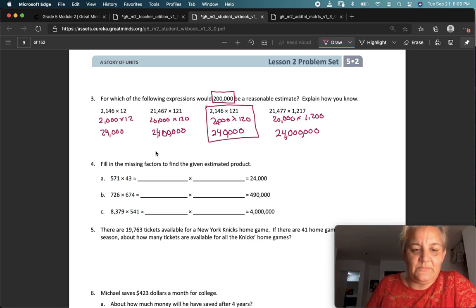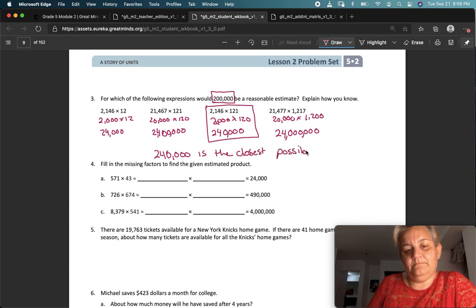How do we know 240,000 is the closest possibility to 200,000?